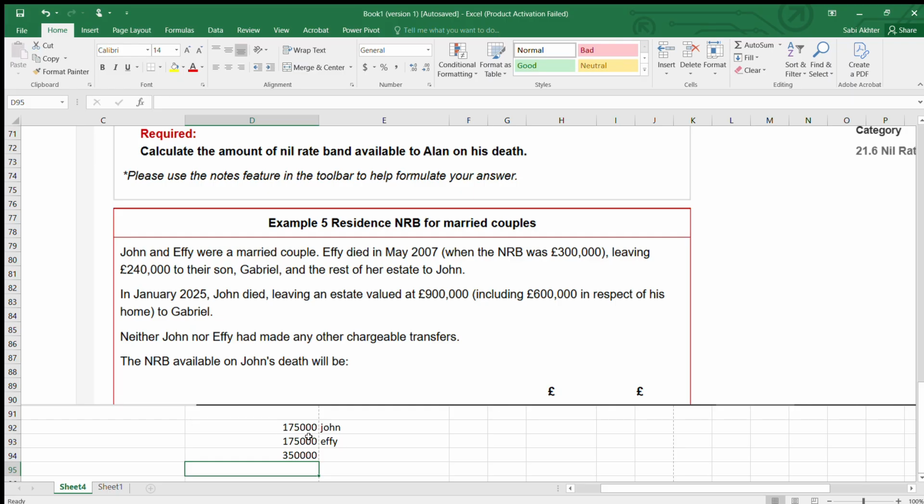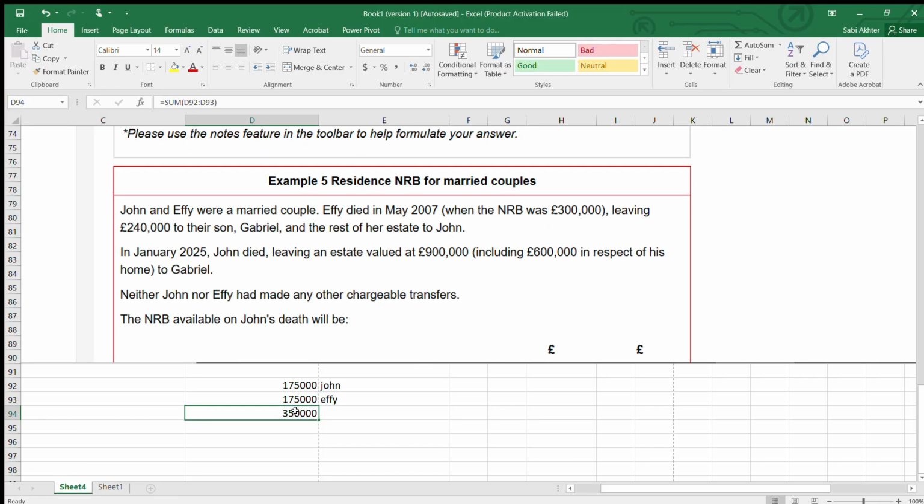If you see, the residence nil rate band 350 is less than 600,000, which is your home. So you would have utilized the entire amount 350. It's not restricted. It is less than the 600,000, which is the value of the home. This is residence nil rate band.